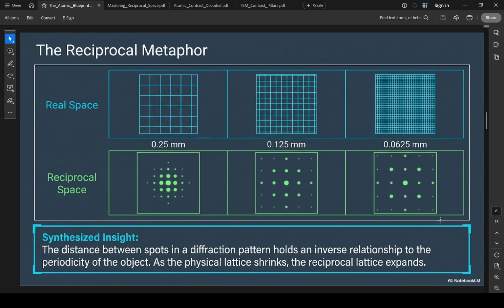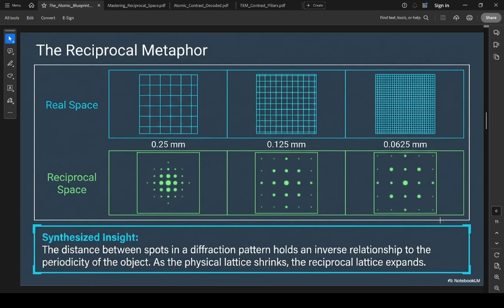So the diffraction that we are getting gives us the detail about the reciprocal space. So you have the real space where you have your interatomic distances that will result in a reciprocal space with certain spots.